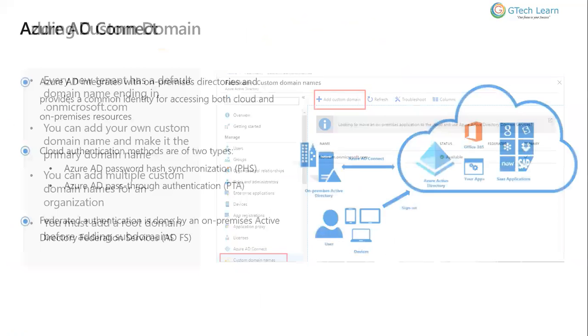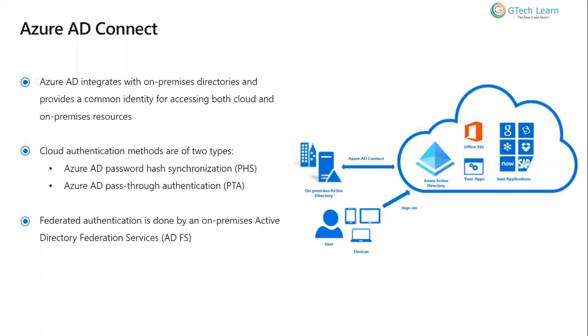Now moving ahead to the next concept, that is talking about Azure AD Connect. That is a very important tool that we have as a part of the synchronization, and this tool helps us to synchronize the on-premises account to the Azure Active Directory over there.